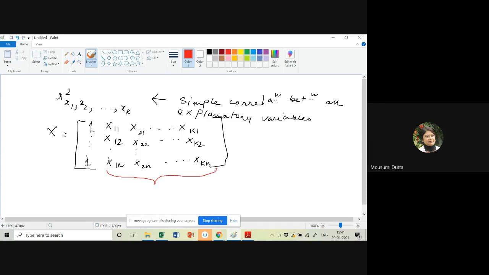Correlation between this set. Now, if I find this correlation is too high, in that case, there will be some problem related to determining the rank of the matrix.